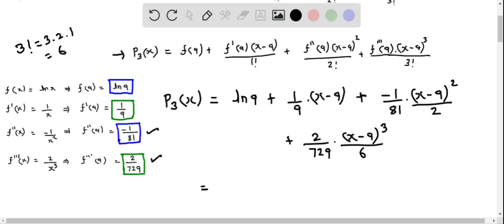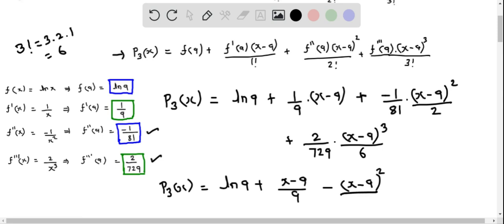Now let's simplify this. Therefore p3 of x equals natural logarithm of 9 plus the second term, which we write as (x minus 9) over 9, plus the third term, which is in fact negative, so I change this to negative (x minus 9) squared divided by 81 times 2, which equals 162.